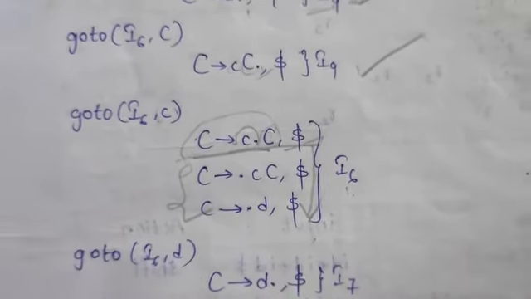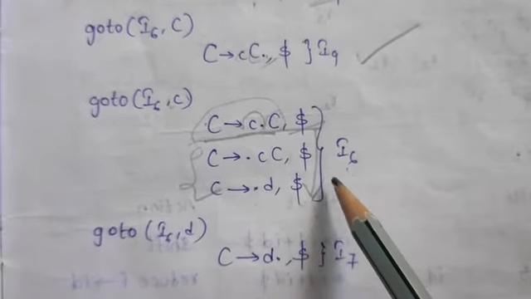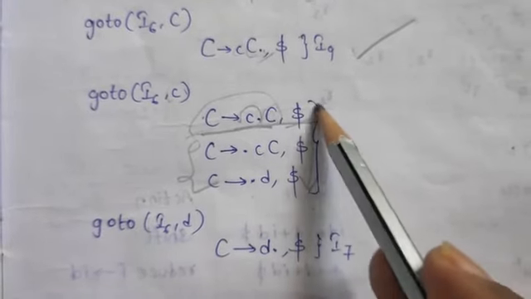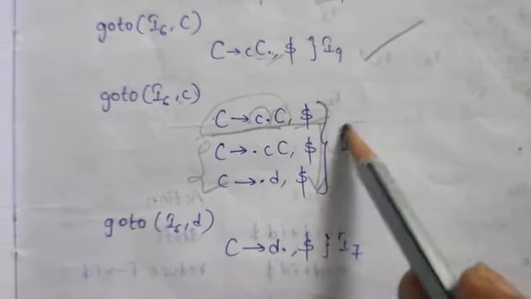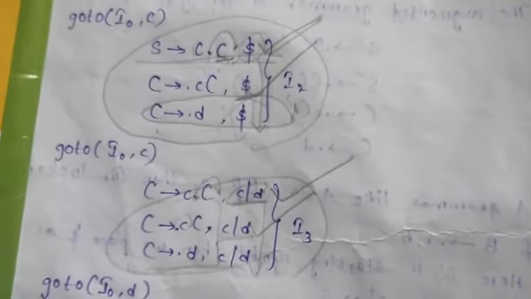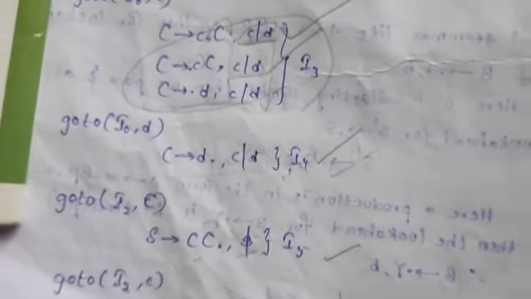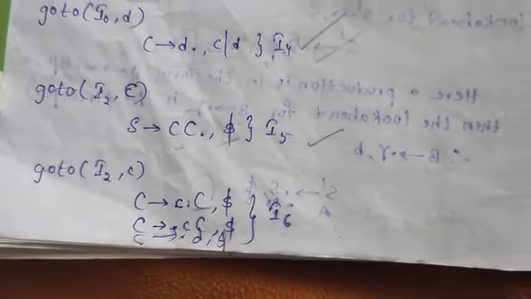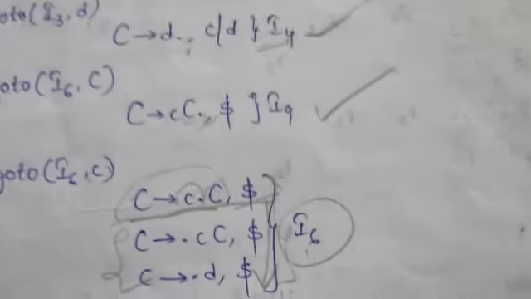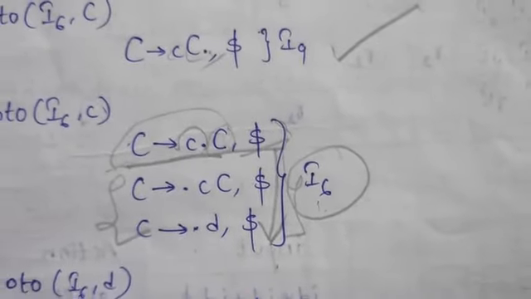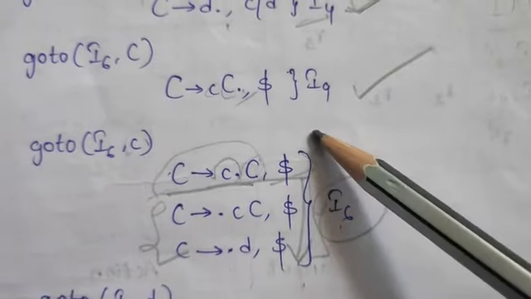And then finally, after constructing this, we'll consider all of it as one state. Before numbering this state we'll compare with I0, I1, I2, I3, I4, I5, I6. It simply matches with I6. Why? Because the productions are the same and the look ahead is also dollar.